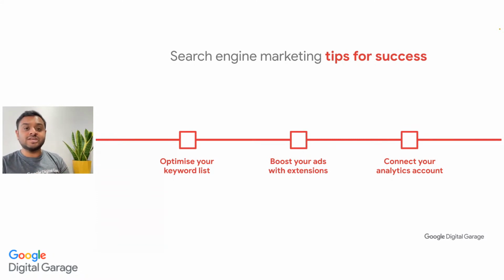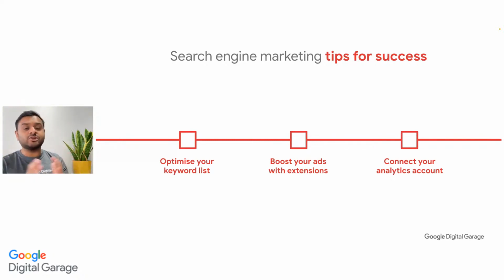Another ad extension is the ability to see the actual location of your business address, for example. And if somebody was to click on that, that will take them through to Google Maps, either the page or the Google Maps app, depending on if they're viewing it on a desktop or a mobile device.